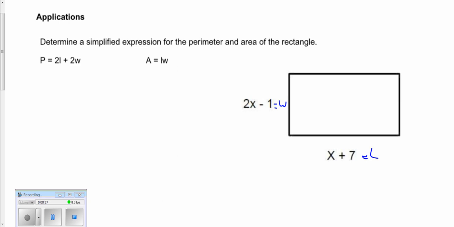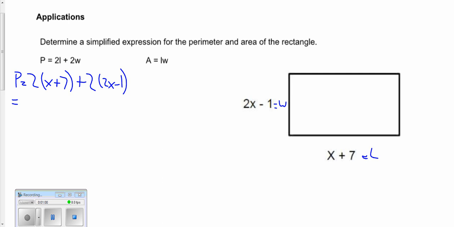So we've got P is equal to 2 times the length, and the length is x plus 7, plus 2 times the width, and the width is 2x minus 1. So using our distributive property, we're going to go through and solve this particular piece.